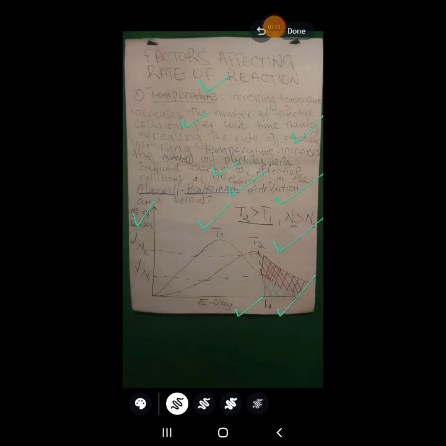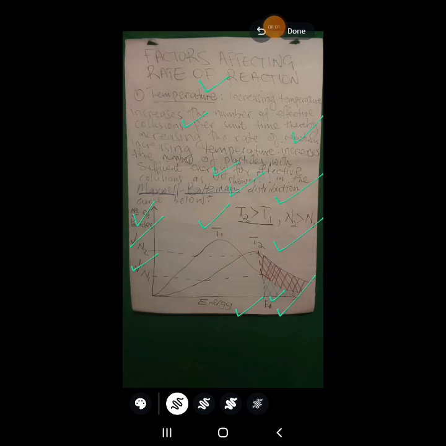We can all see that at a higher temperature T2, the graph is shifted to the right, with the consequence that the number of particles with sufficient energy for effective collisions is increased from N1 to N2. At temperature T1, what is the number of particles with sufficient energy for effective collisions? You go to EA here, and then you extrapolate to the graph of T1.